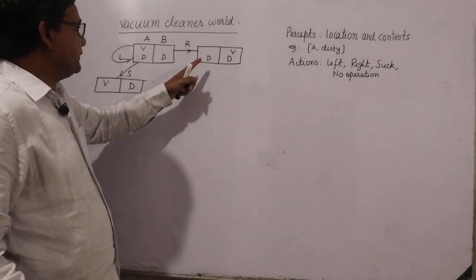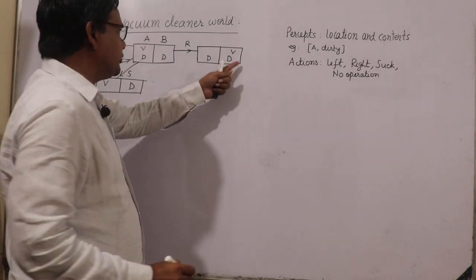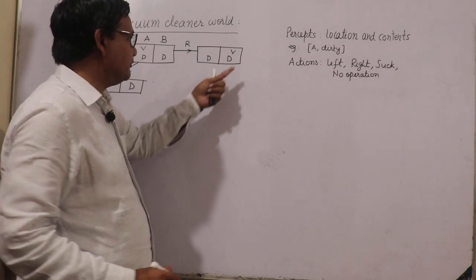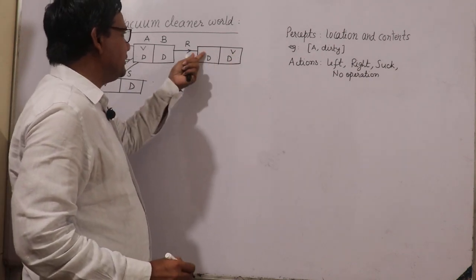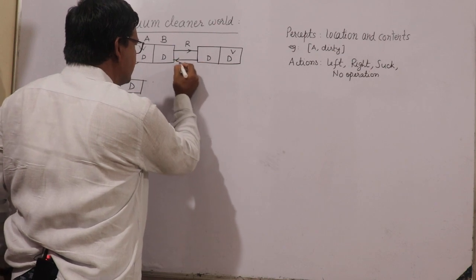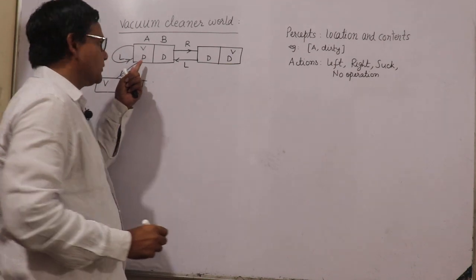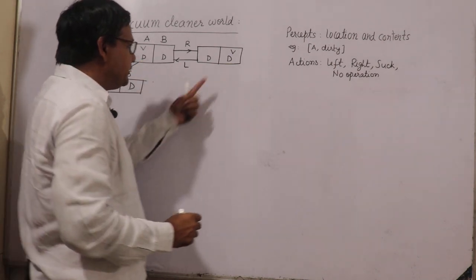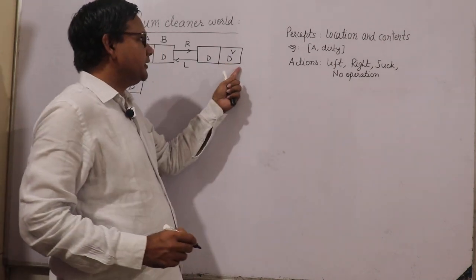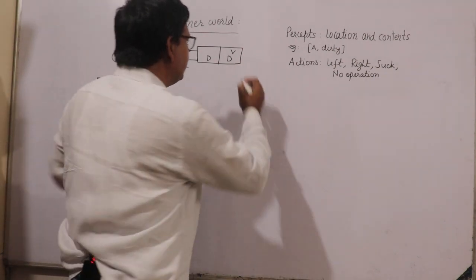Similarly, for this state, if the vacuum cleaner moves in the right direction, what will happen? The vacuum cleaner will come into room B, and dust is in both the rooms. If the vacuum cleaner is moving in the right direction and B is the rightmost room, it will be in the same room.